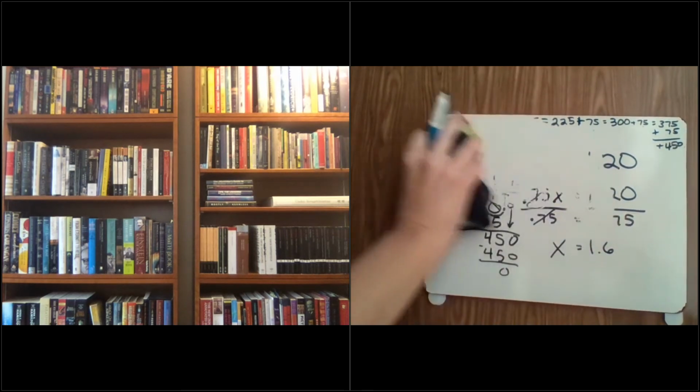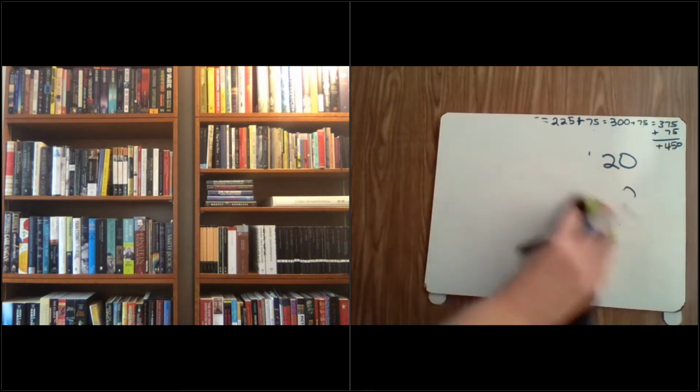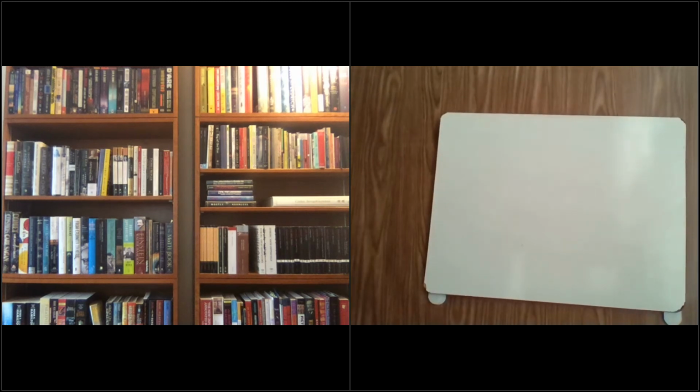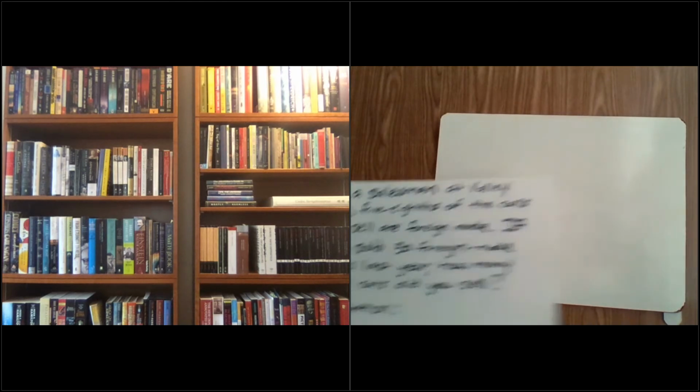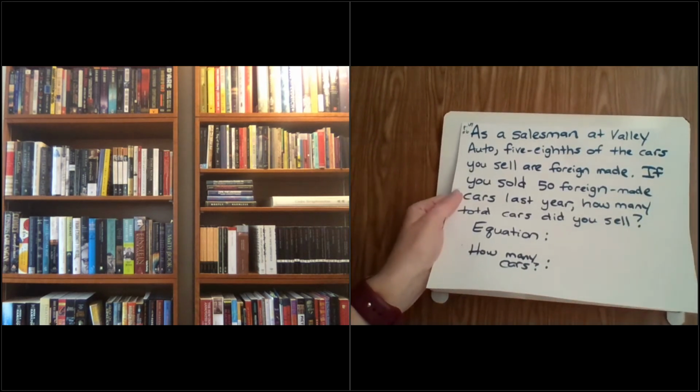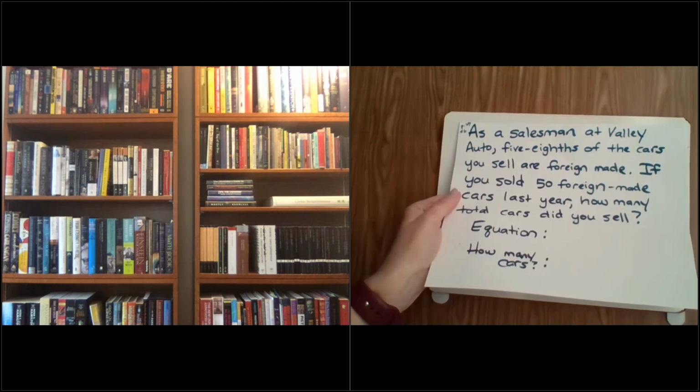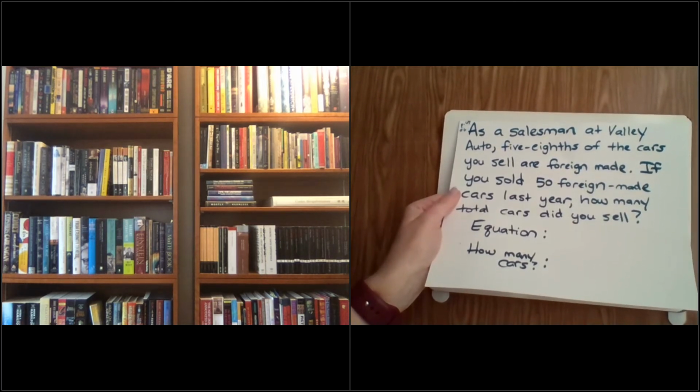Let's look at another word problem. This is the first packet, page 67, number 6. As a salesman at Valley Auto, 5/8 of the cars you sell are foreign made.